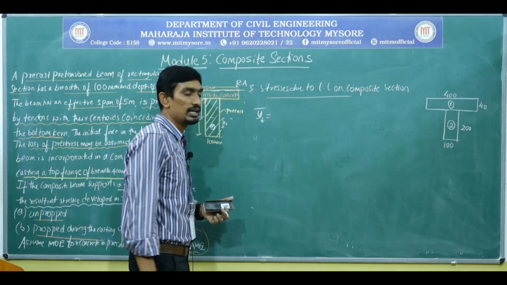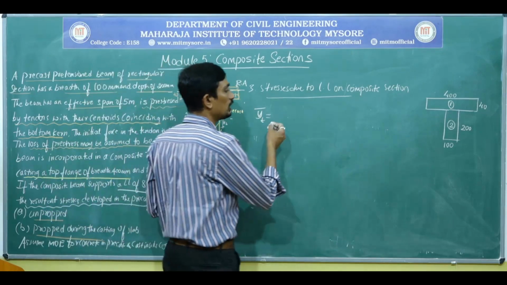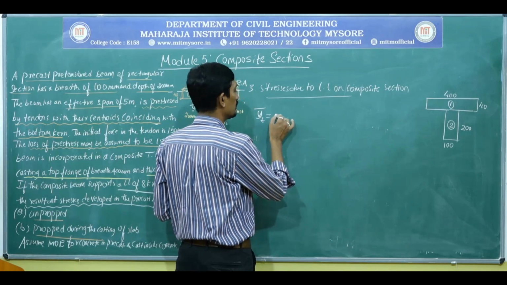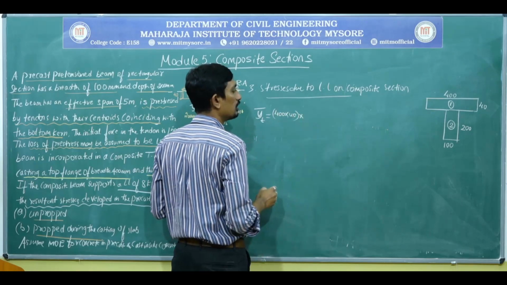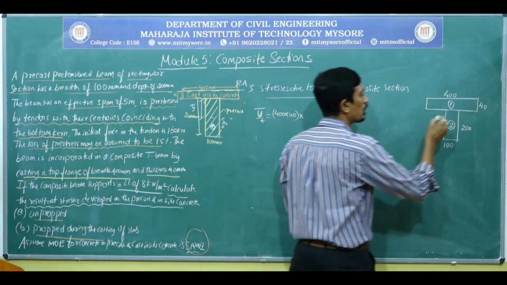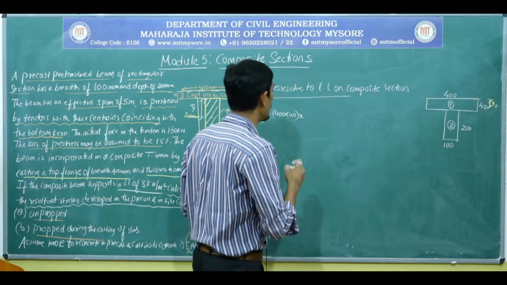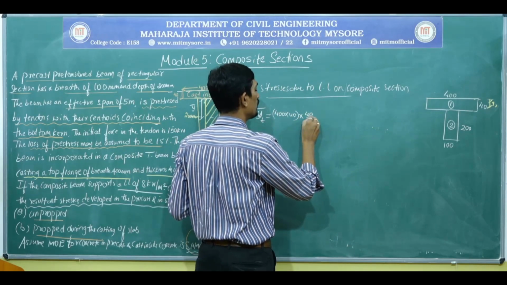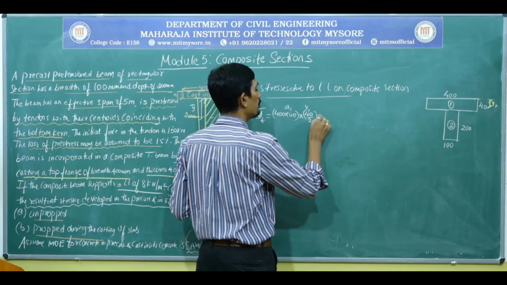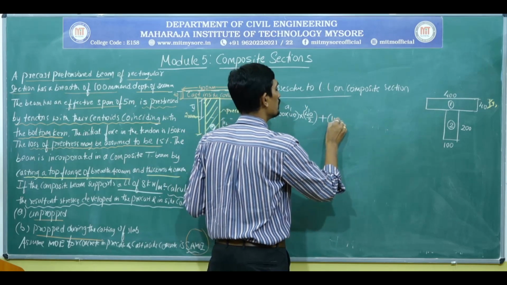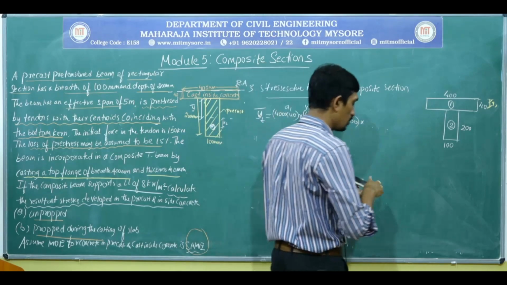Whatever you have learned in engineering mechanics or strength of materials, I am repeating here. So we already know that area 1, that is 400 into 40, multiplied by the distance measured from the top, this will be your Y1, that is 40 divided by 2, which is 20. That is A1 Y1 plus area 2, 100 into 200, multiplied by Y2.